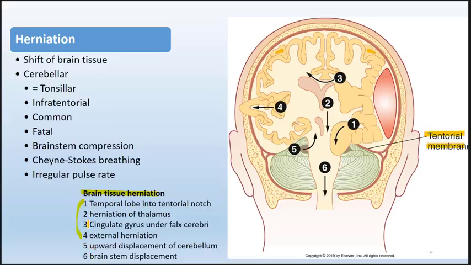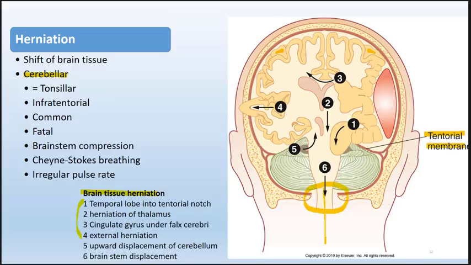But the most common herniation syndrome is a type of infratentorial herniation that's not explicitly shown in this image, and this is referred to as cerebellar tonsillar. In this case, the cerebellar tonsils shift through the foramen magnum because of increased pressure. So here's your foramen magnum, and this is where the spinal cord, or what we could say the extension of the end part of the brainstem, the medulla oblongata, is going to exit the skull.